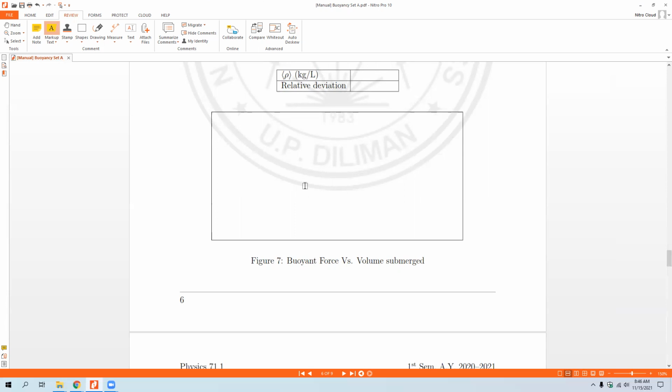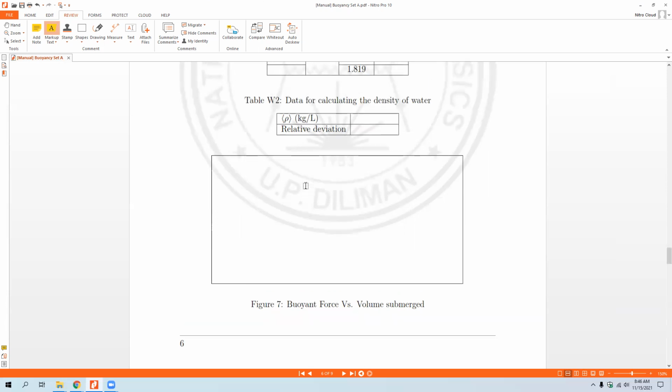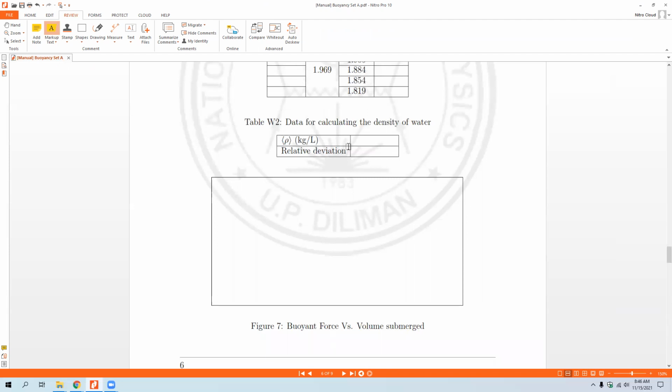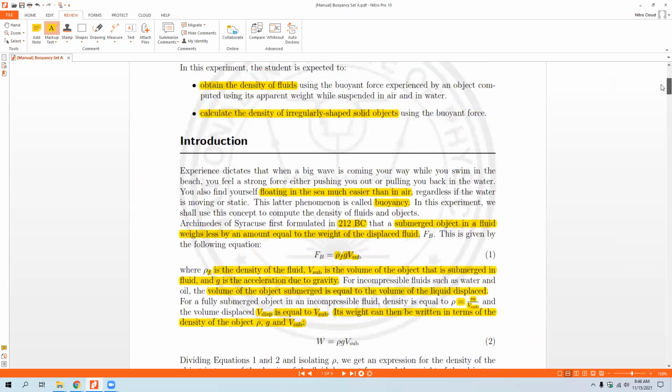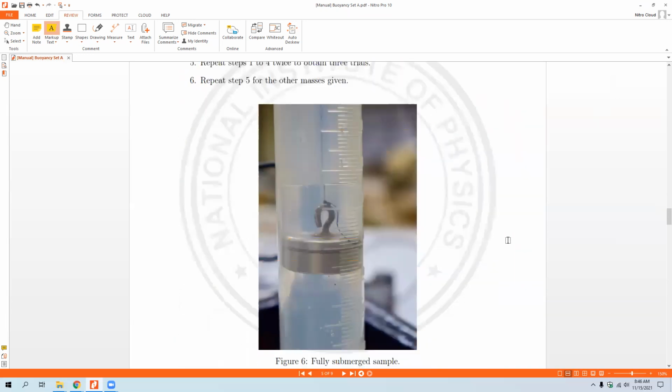So from the graph, kukuha kayo ng trend line and you will use that to calculate the density. So mapapansin niyo, buoyant force versus volume submerged. So to solve for the density of the fluid, you will have to use equation 1. Kasi may FB ka and V sub dito. Let's go back.